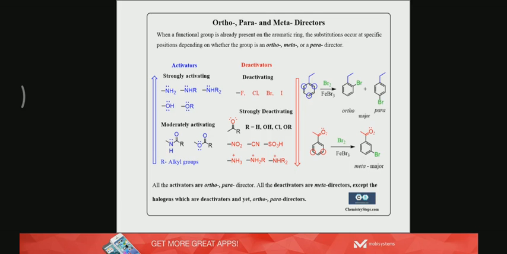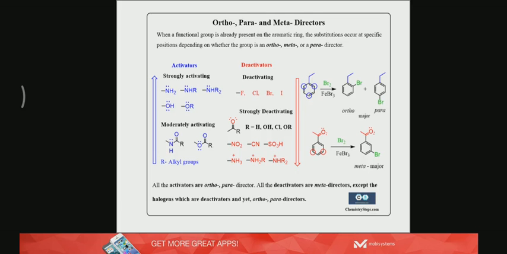If the electron density in the ring decreases, then the reactivity also decreases. So broadly, there are two categories or two classes of functional groups, with one exception, that is halogen. They exhibit mixed behavior. They are deactivating, but they are ortho-para directing.